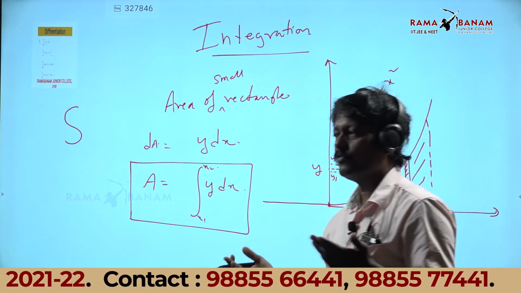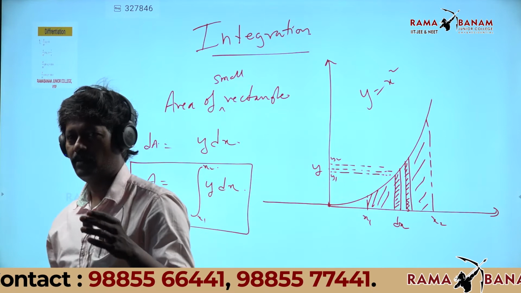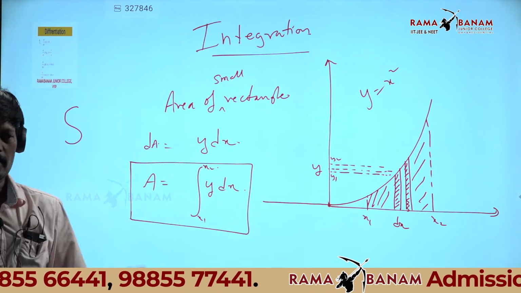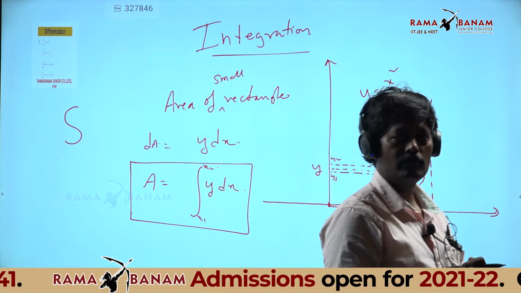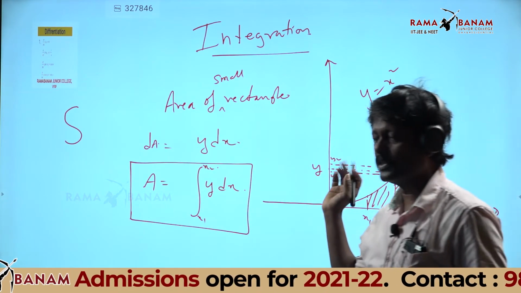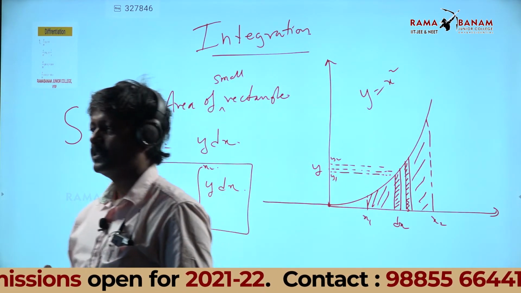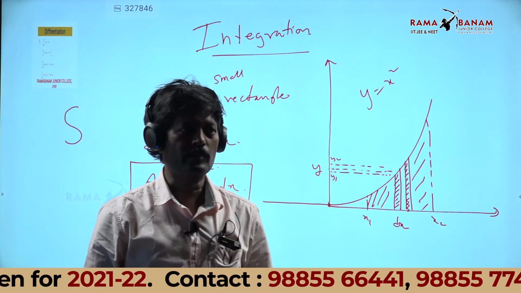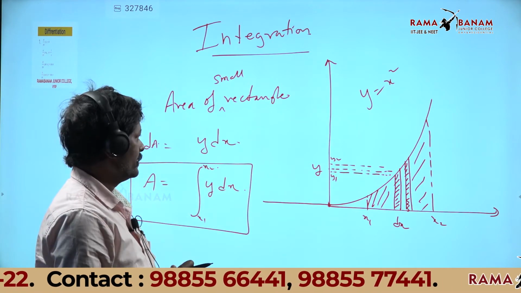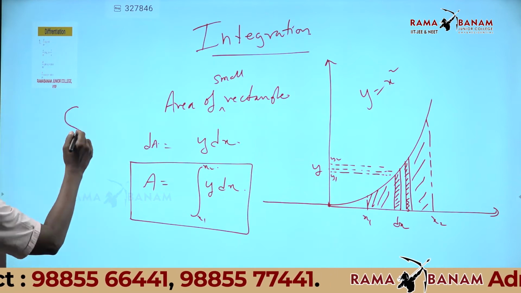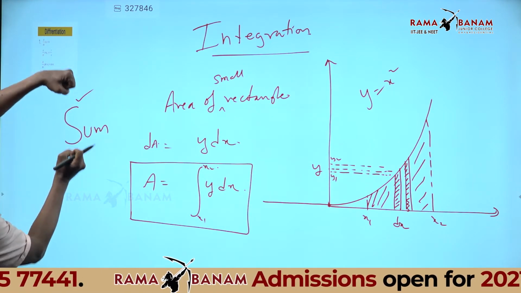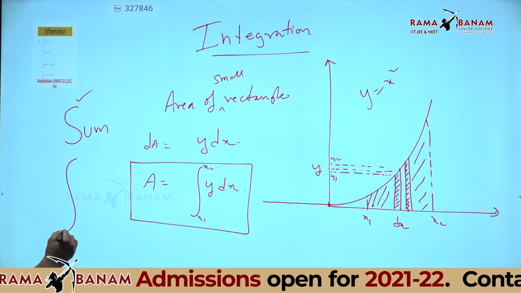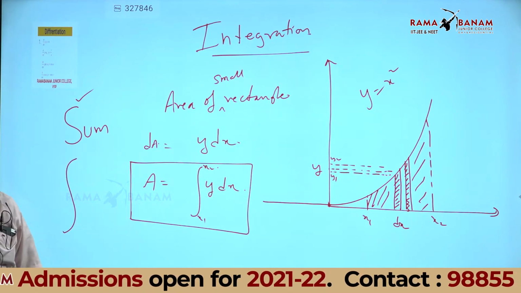You do not have a formula like half BH for a triangle, or half H into A plus B for a trapezium, because it is not a standard figure. So when it is not a standard figure, you have to go for integration. Integrate means summing, SUM. The first letter you take, you extend like this, that is the symbol for integration.